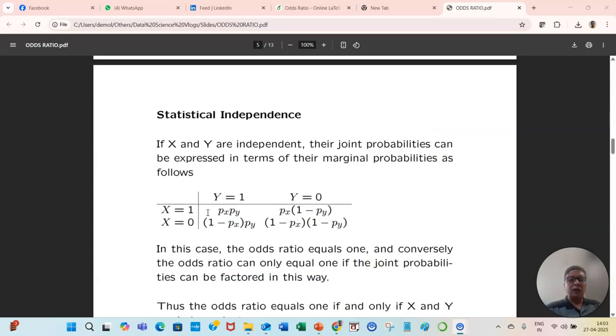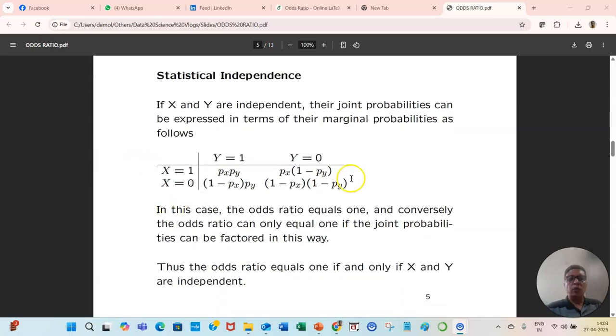We can talk of statistical independence in terms of odds ratio. In a 2 by 2 contingency table, if x and y are independent, their joint probabilities can be expressed in terms of the marginal probabilities as follows. The sum of the first row is probability x equal to 1, the sum of the second row is probability x equal to 0, the sum of the first column is probability y equal to 1, and the sum of the second column is probability y equal to 0. In this case, the odds ratio equals 1.